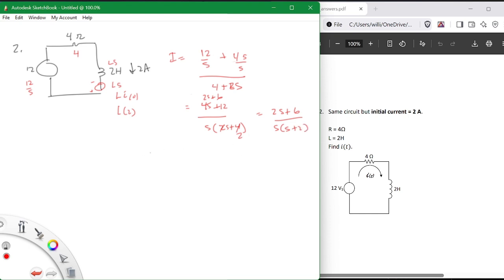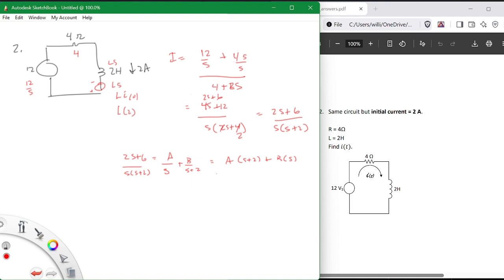Now we do our A and B. So 2S plus 6 over S times S plus 2 is equal to A over S plus B over S plus 2. There's an S times S plus 2 over here, so it's equal to A times S plus 2 plus B times S. So 2S plus 6 is now equal to this.